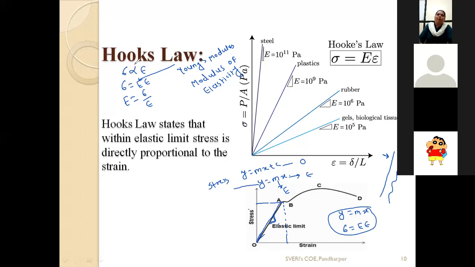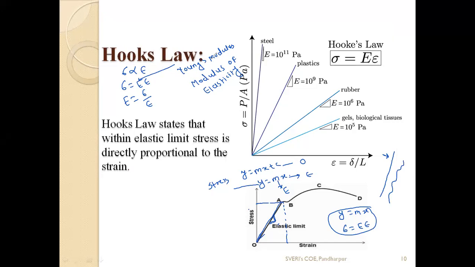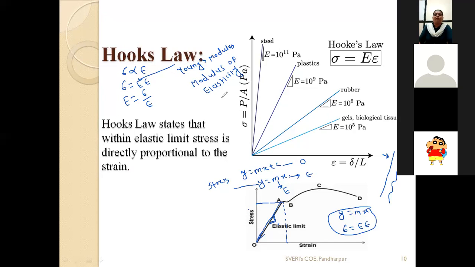Remove this proportional symbol and sigma equals E into epsilon. This E is the proportionality constant, the modulus of elasticity. So E equals sigma upon epsilon. This is our Hooke's law.